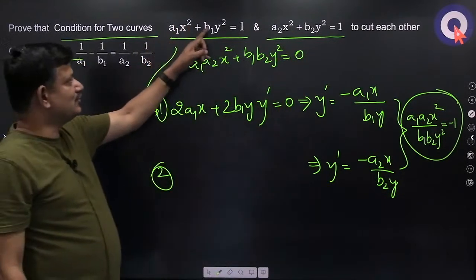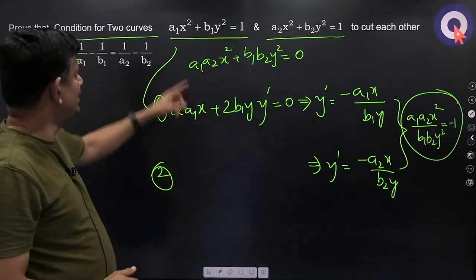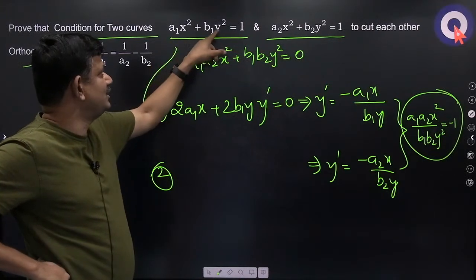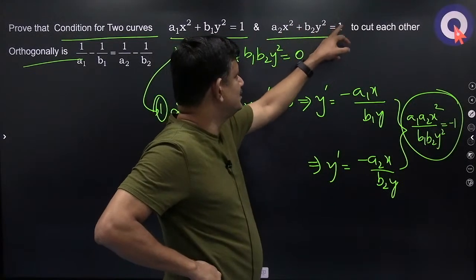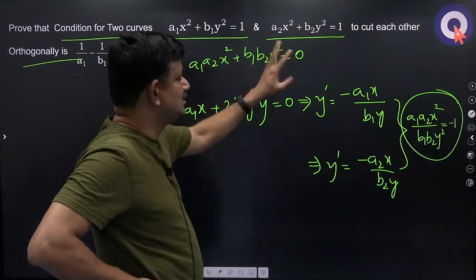Now if you see, x square and y square are satisfying these three equations. First equation is a1 x square plus b1 y square is equal to 1. Second one is a2 x square plus b2 y square is equal to 1. Third one is a1 a2 x square plus b1 b2 y square is equal to 0.